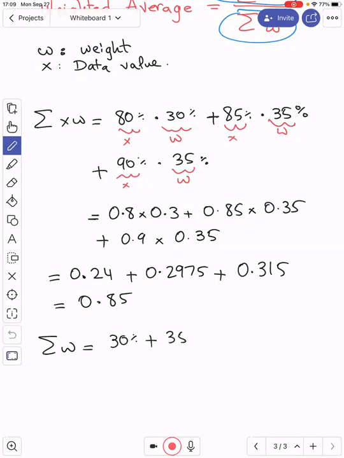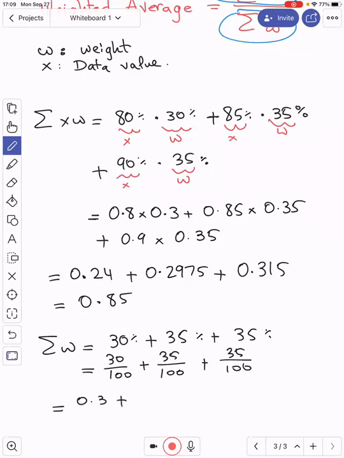The weight of the midterm is 35%, plus the weight of the final, also 35%. As I said, 30% is just 0.3 or 30 over 100. If you want to use decimals, this is 0.3 plus 0.35 plus 0.35. The total here is, of course, 1. The sum of the weights is equal to 1.